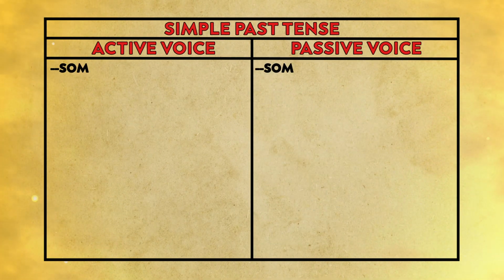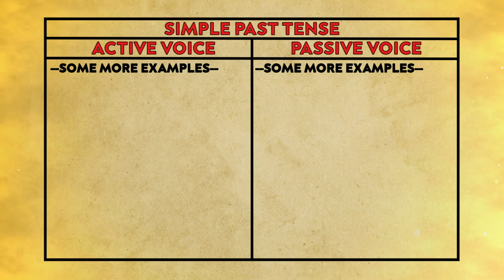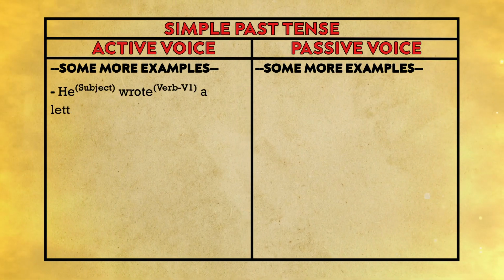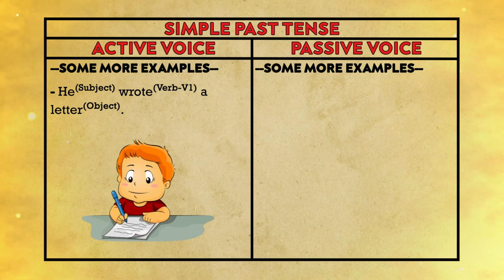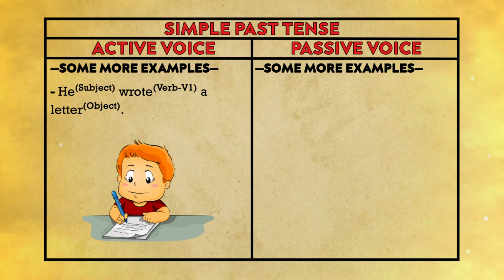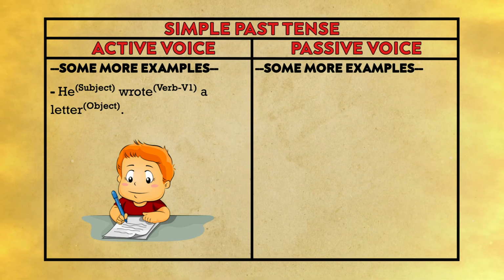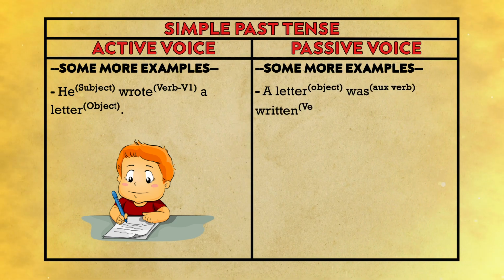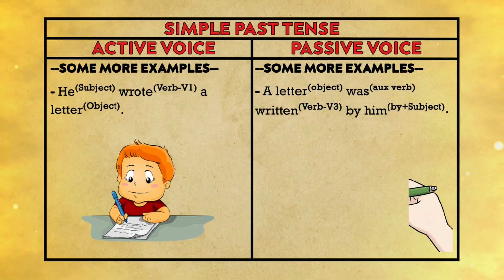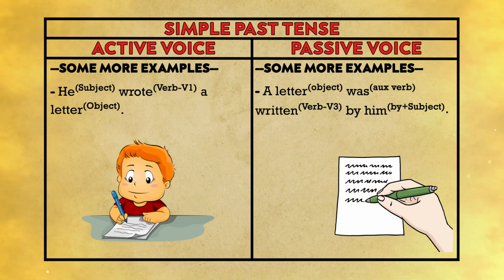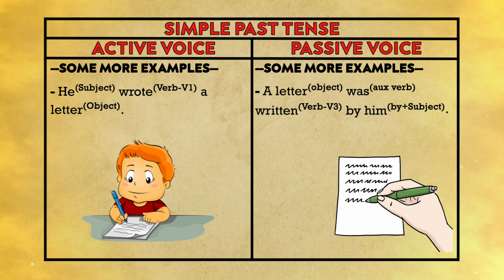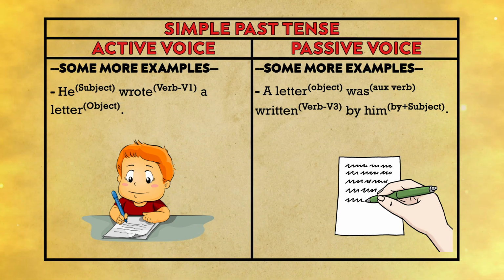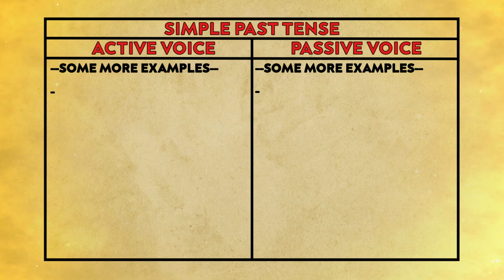Now let us look into some more examples. He wrote a letter. Here he is the subject, wrote second form of the verb, and letter is the object. Now when we change it, a letter was written by him. First comes the object, a letter, then auxiliary verb was, then third form of the verb written, and then the subject. Now some more examples are there for you on the screen.